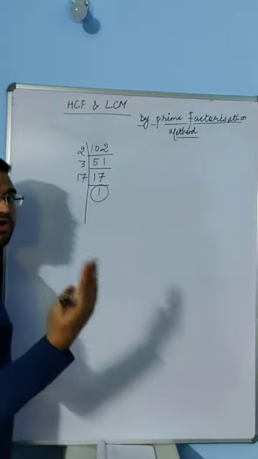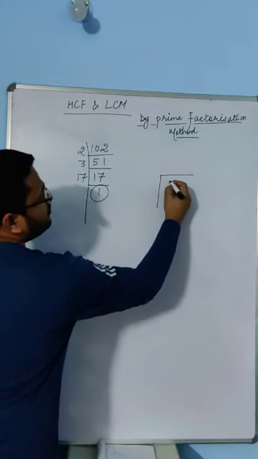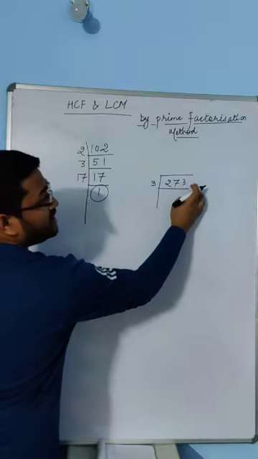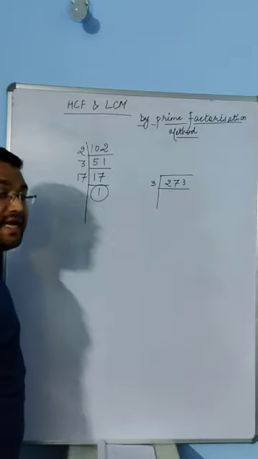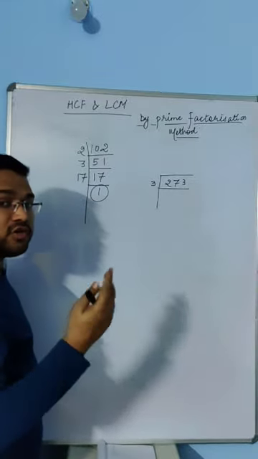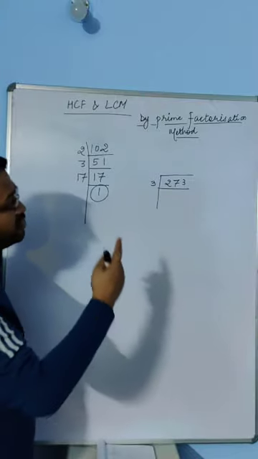I will take one more example for your ease. Let's say I take 273. Since it is an odd number, because it has 3 at the end, it cannot be divided by 2. After 2, the least prime number is 3.